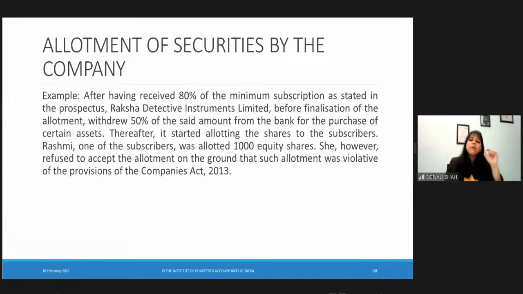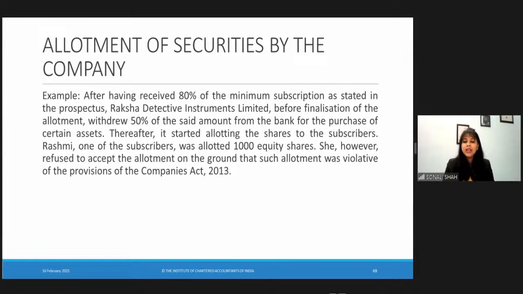Now, the value of each share is rupees 10, or let's say rupees 20. Now, what is the minimum application value? It is 5% of the nominal value. So 5% of rupees 20 will be rupees 1, right? So 1 into 90, rupees 90.